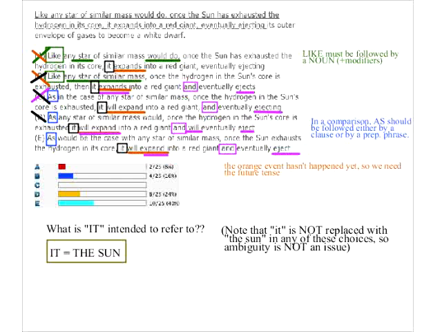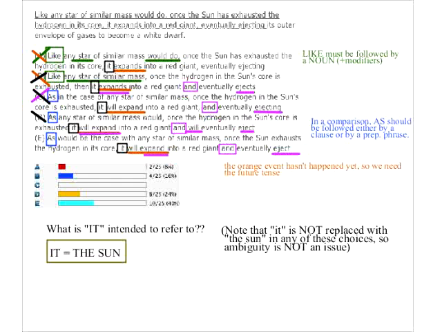Okay, so some people are trying to actually assign that "it" to other nouns in B, C, and D. You don't want to do that because it's a waste of your time. We know that "it" is the sun. From the meaning of the sentence, it is clearly intended to refer to the sun. So if the sun is not there, we don't want to waste our time assigning things.